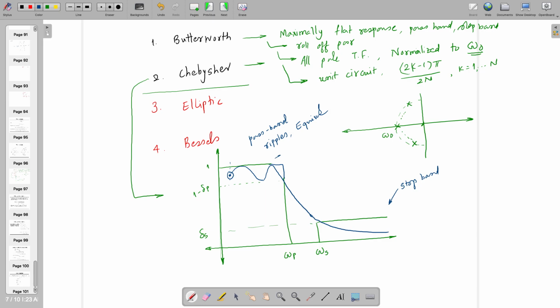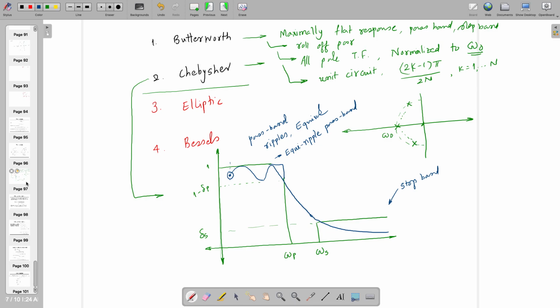So this is also known as equiripple passband. That is achieved by Chebyshev approximation. But there is one more variant of Chebyshev, known as inverse Chebyshev. That will give you exactly the opposite effect, where you will have equiripple in the stopband and a monotonous response in the passband, right?